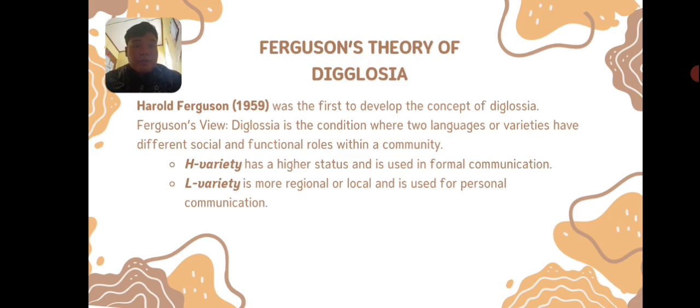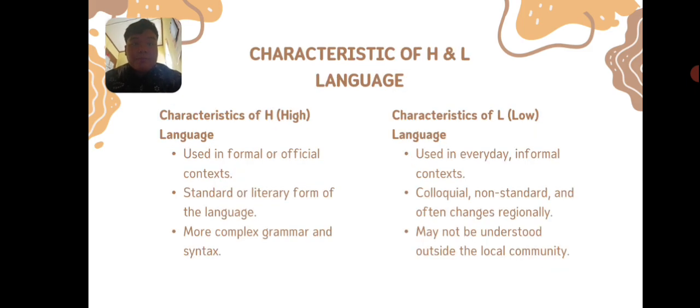Ferguson's view of diglossia is the condition where two languages or varieties have different social and functional roles within a community. In diglossia, there are two varieties: the H variety, or high variety, has a higher stature and is used in formal communication. And the L variety, or low variety, is more regional or local, and it is used for personal, informal communication.